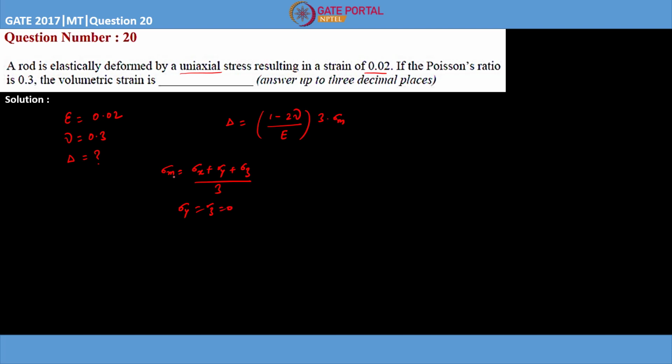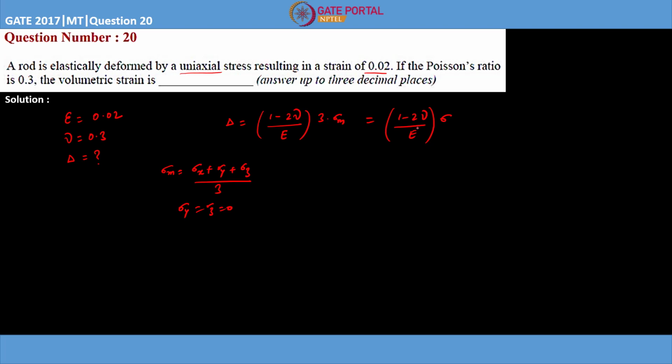So if you put the value of sigma m here, it will simply give you delta, that is volumetric strain, equal to (1 minus 2 times Poisson's ratio) upon E into 3 times the mean stress. If you multiply it by 3, it will give you the sum of stresses in all directions, and we have only stress acting in one direction, right? So let's say that stress is given by sigma.